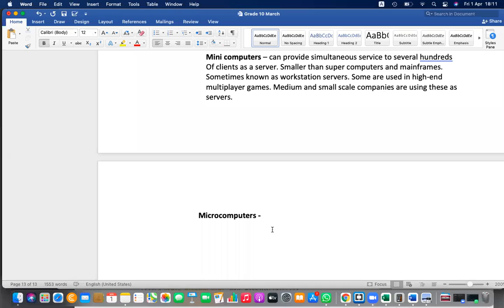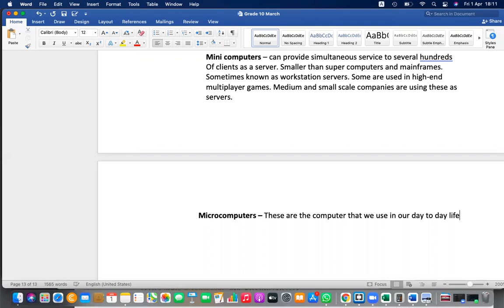Okay, microcomputers. These are the computers that we use in our day-to-day life.